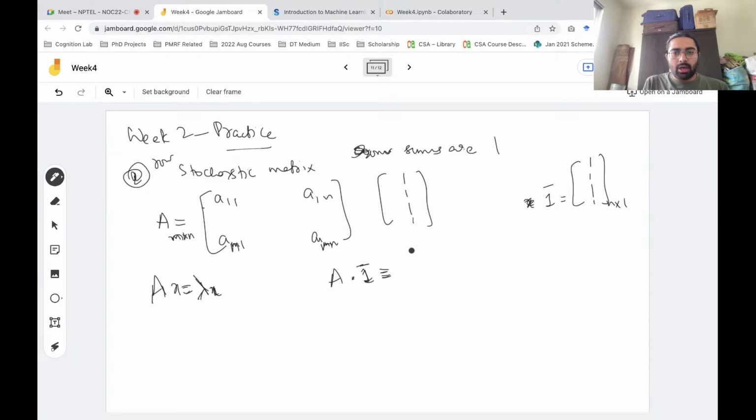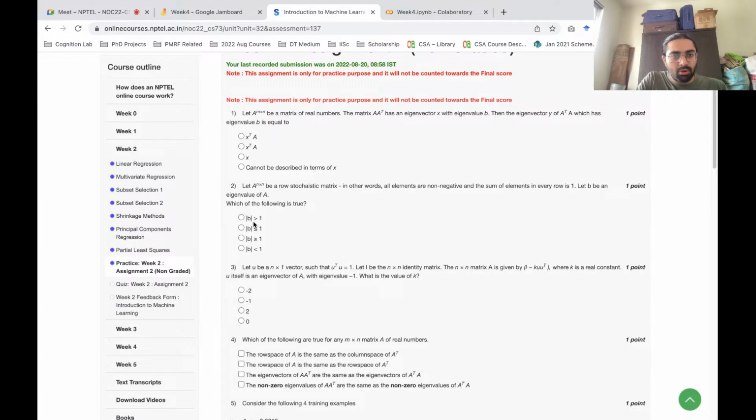So I'm getting 1 into 1 bar again. So the vector of all ones is actually an eigenvector of A with the eigenvalue 1. So any row stochastic matrix will have one of its eigenvalues as 1. If you do it that way, you can eliminate options B and D, because they say strictly more than 1, strictly less than 1, and so on.